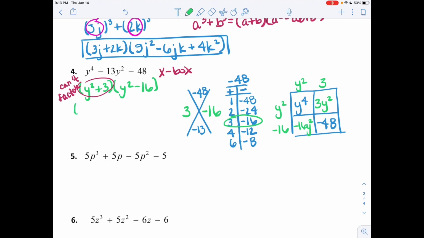Let's go ahead and rewrite this. Y squared plus 3 coming along for the ride at this point. But we can factor y squared minus 16, the square root of y squared is y. The square root of 16 is 4. Remember, 1 gets a plus and 1 gets a minus. We now have this, which we already decided we couldn't factor further.